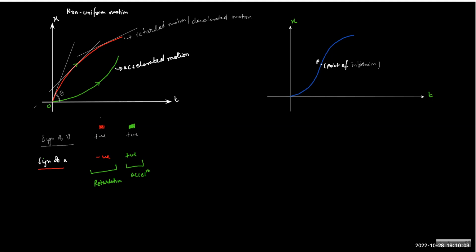Below the point P, the graph is concave up, and beyond the point P, the graph is concave down. Do you realize this? Yes, sir. So the curvature is twisting from concave up to concave down. That's why the point P is called the point of inflection. And this is the peak of the graph. I will change the sign of the graph and the color of the graph.